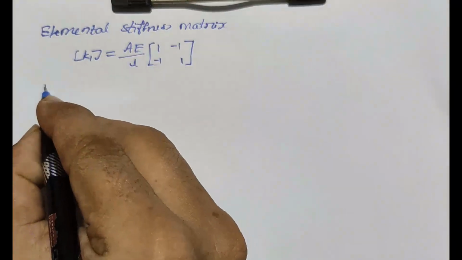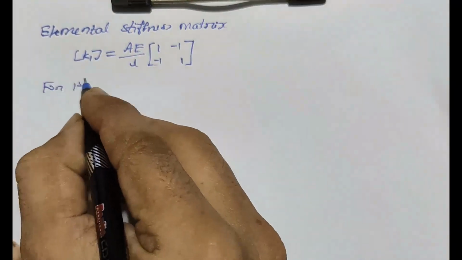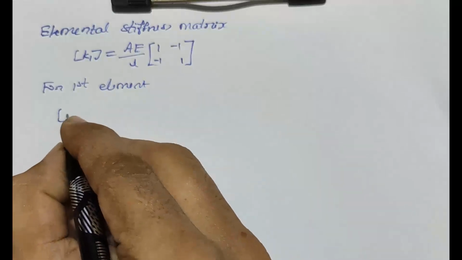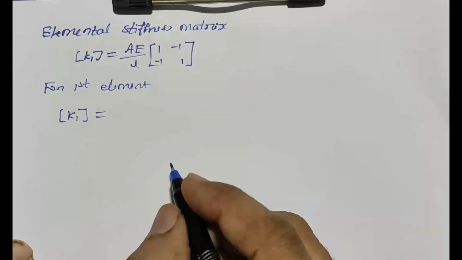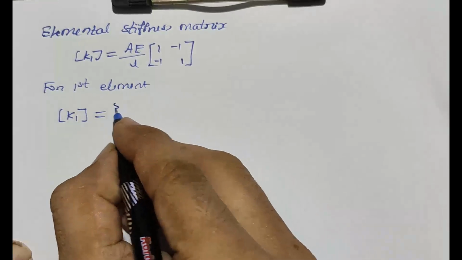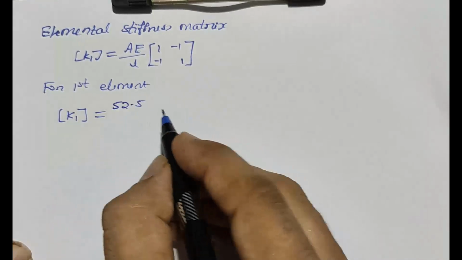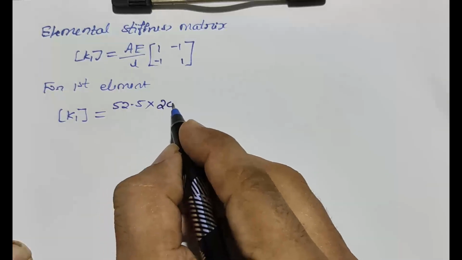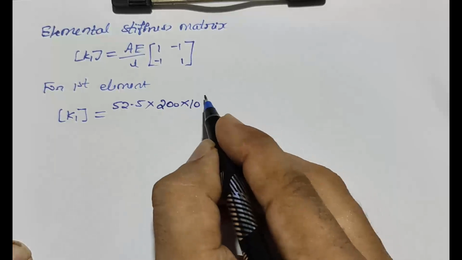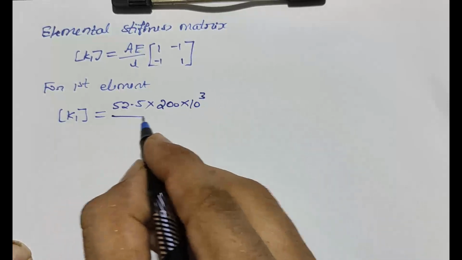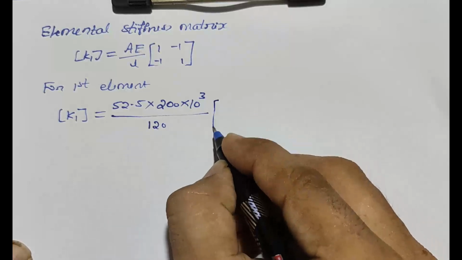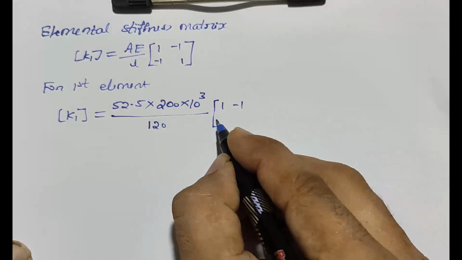For the first element, K1 is A1, it is 52.5, into Young's modulus, it is 200 gigapascal, 200 into 10 power 3, divided by the length, it is 120 mm, times [1 -1; -1 1].